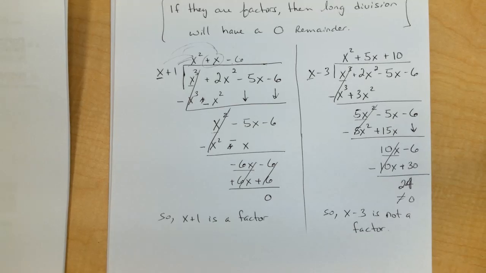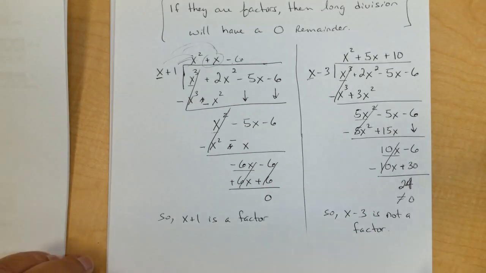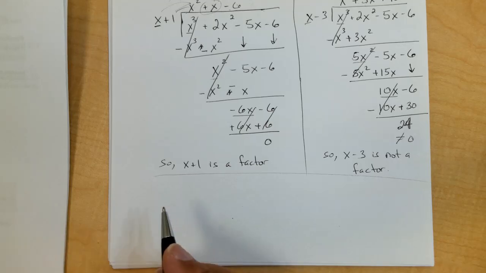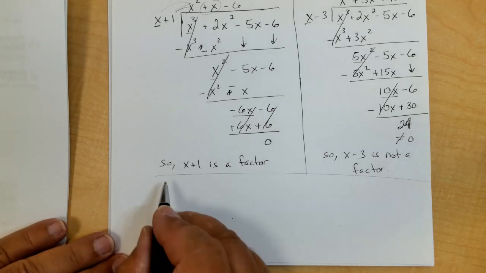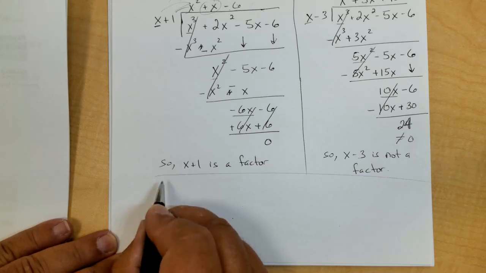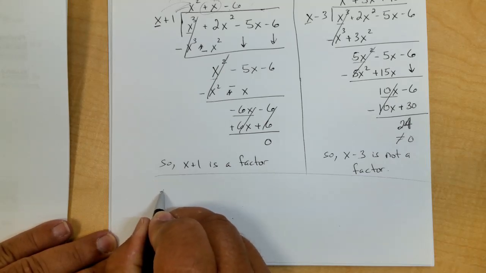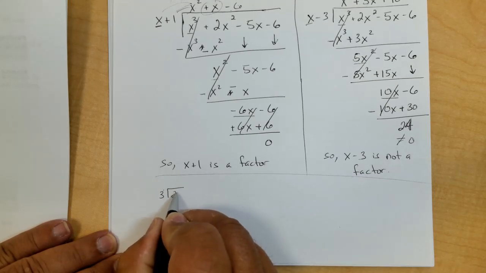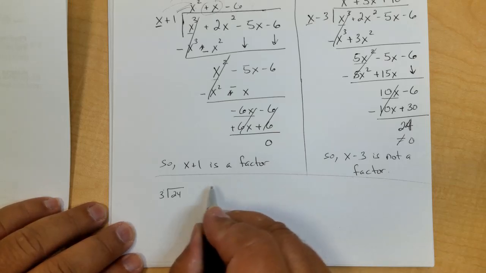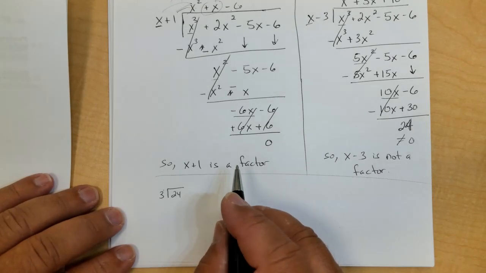So we're factoring, we're breaking down to smaller pieces. Any fraction we have, let's say we had 3 goes into 24, breaks down into its smallest pieces.